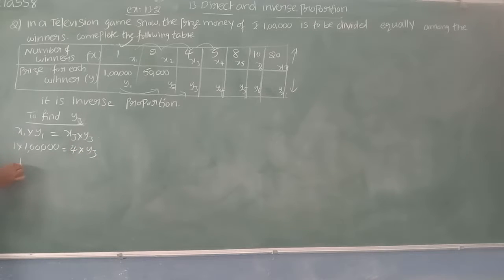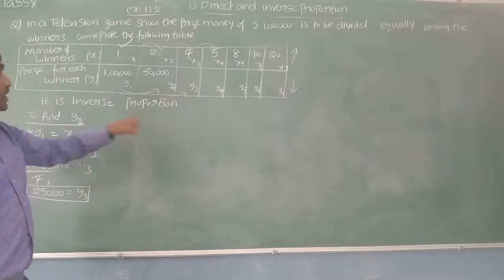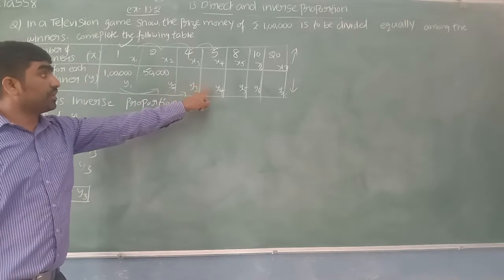So 1 lakh into 1, which is 1 lakh only, is equal to 4 y3. Now transpose the 4, so divide by 4. 4 ones are 4. 4 twos are 8. 2 left. 4 fives are 20. 3 zeros. So what is the prize money of each winner? 25,000. When there are 4 winners, the prize money of each winner is 25,000 rupees.